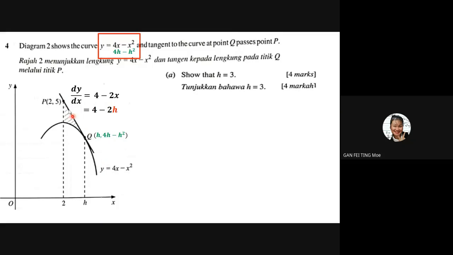And when I get the slope of this line, it will be equivalent to the gradient of PQ. So I form my formula, y1 minus y2 over x1 minus x2, and it will equate to the gradient at point Q. So from here, I solve my equation.